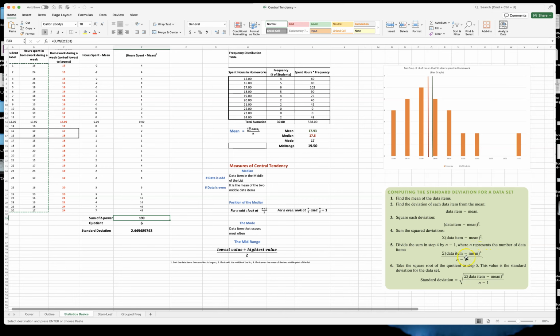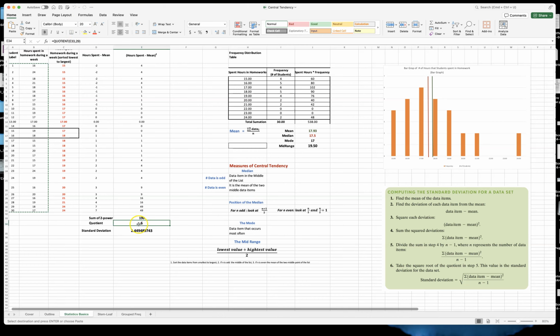And we divide it by the length of the data minus 1. The length of the data minus 1 is 30 minus 1, which is 29. Okay, we divide it by that. That's what we did over here. So we have A33, which is this value over here, 190, divided by 29.